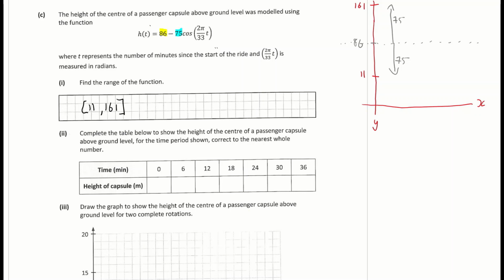Part 2, complete the table below to show the height of the centre of a passenger capsule above ground level for the time period shown, correct to the nearest whole number. So basically what we're doing here is we're subbing in these values for time in for t into our function. Imagine I was filling in this one for number 30, when time is at 30 minutes.